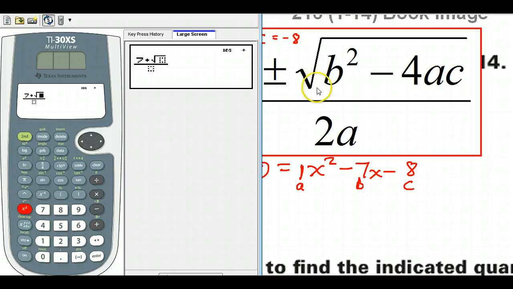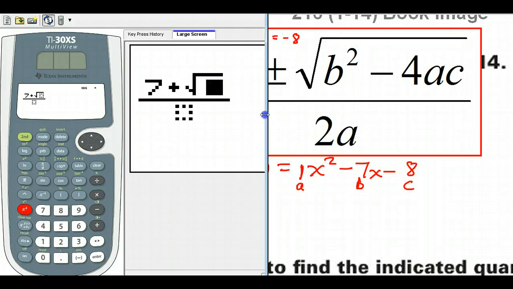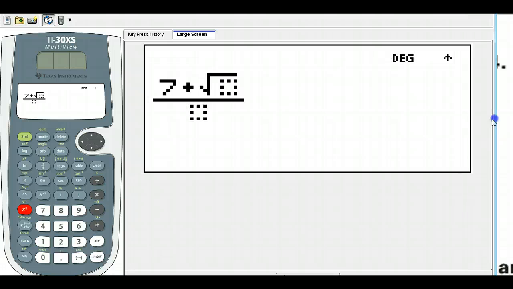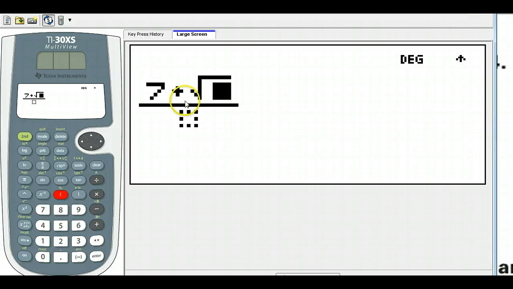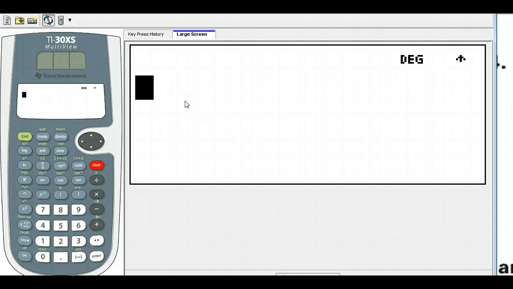And then it has B squared. Now be careful when you do your B squared. When you do a negative number squared, you have to put that negative number in parentheses. So B is negative 7, so I need to put my negative 7 in parentheses. Oh no, what did I just do? Let me start over.